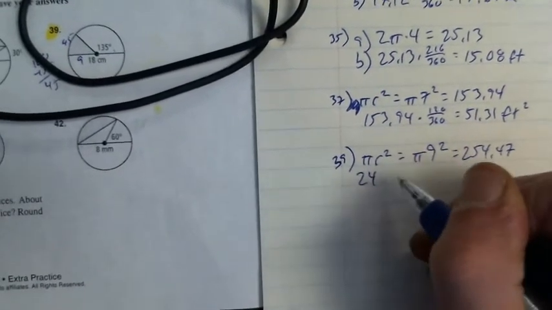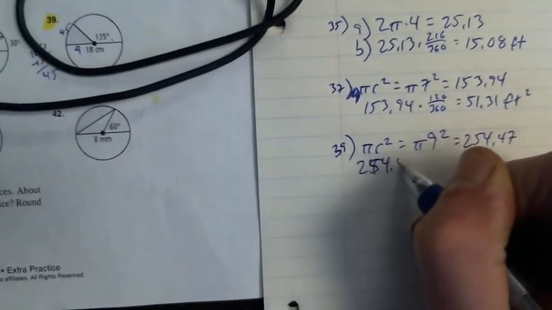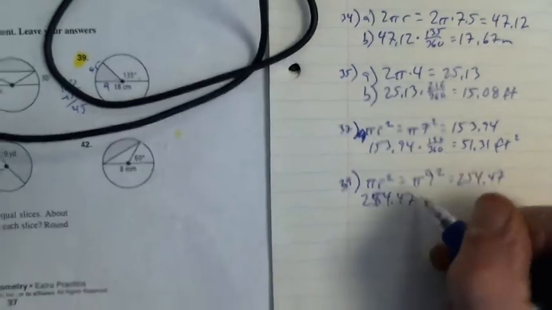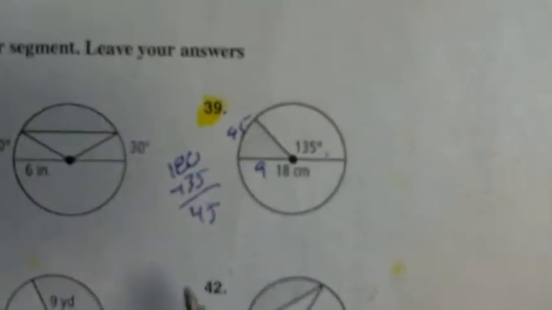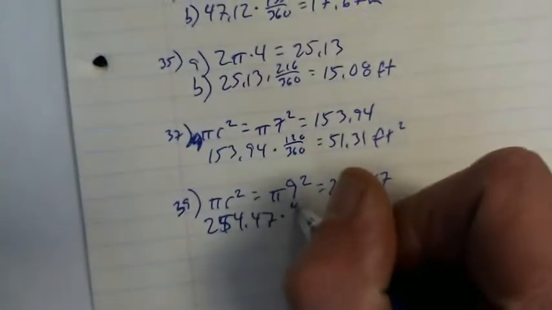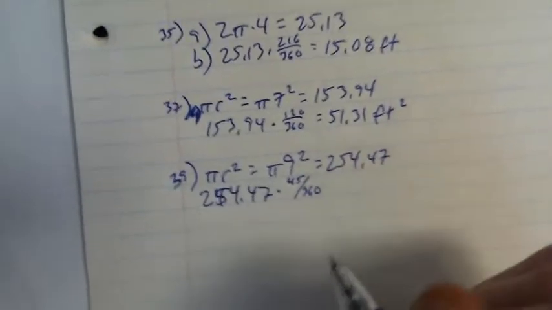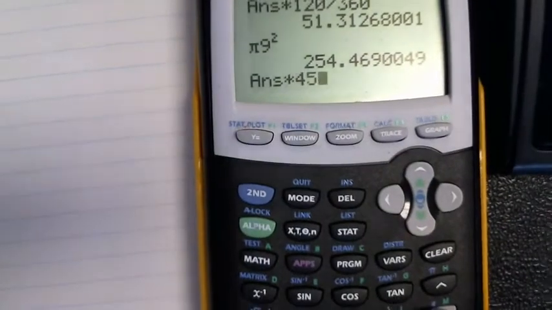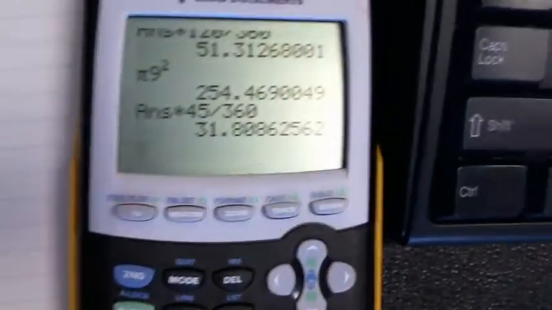And take that 254.47, multiply it by the portion we use, which is 45 out of 360. That's 31.8.